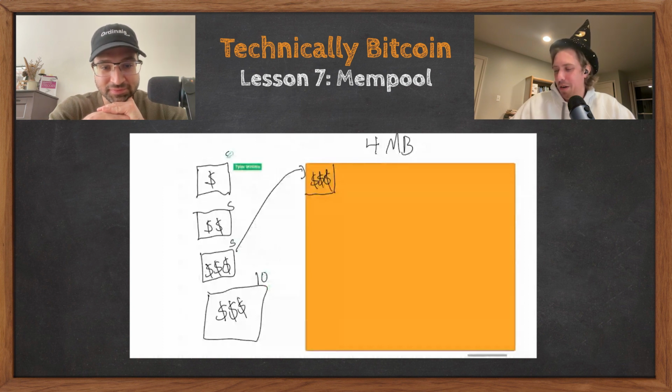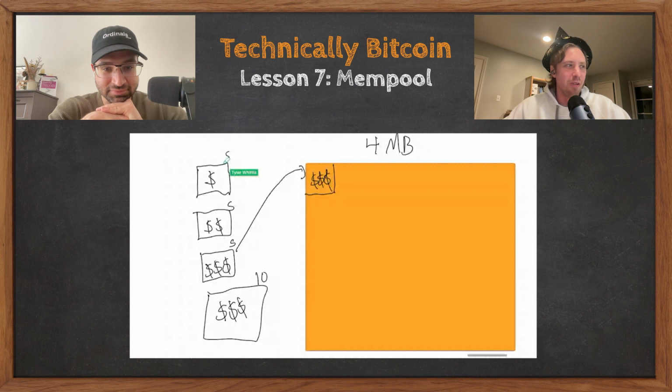Now I'm going to say, actually, the next thing I want to add to my airplane is this size 5 block that's willing to pay me $2, because the effective dollars per size is actually more than the effective dollars per size of this size 10 block that's willing to pay me $3. I'd rather take the size 5 block that's willing to pay me $2.